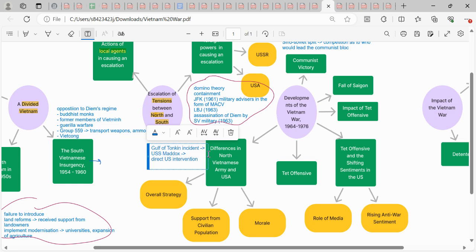So really, send in forces is quite vague. Is it a full-scale war? Is it just a defense force? Yeah, so things like that made it quite vague.